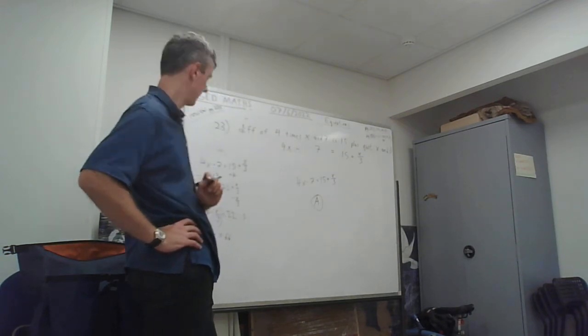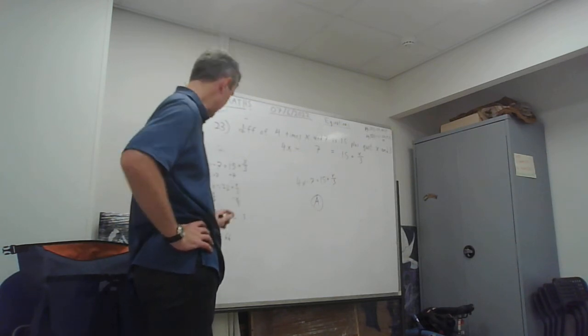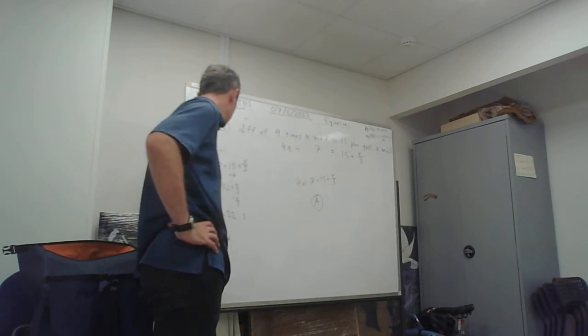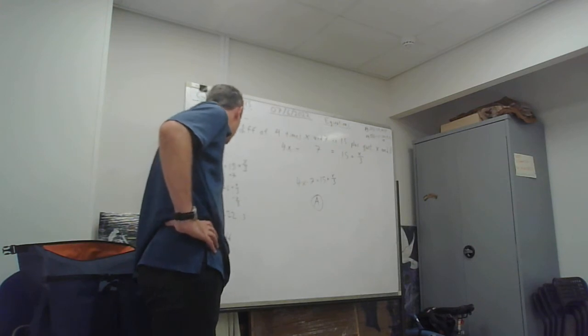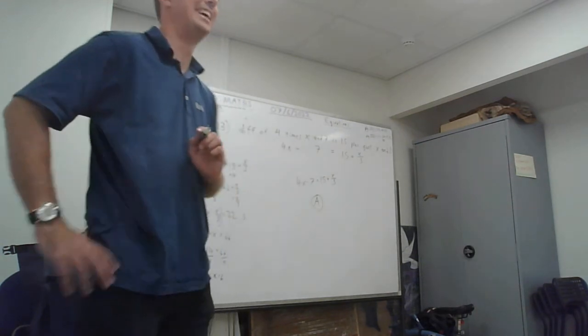Alright? Now 12x minus x is what? Yes, 11x, because it's like a coefficient of 1 here. So 11x equals 66. Divide both sides by 11. x equals 6. x equals 6 a lot, doesn't it?